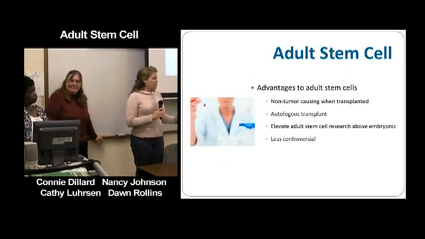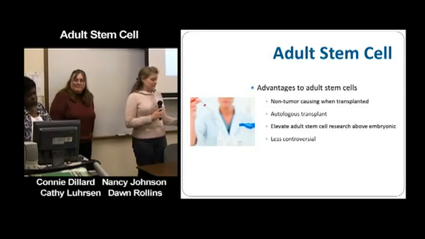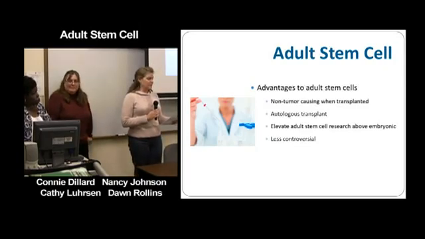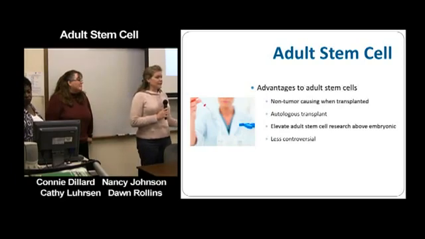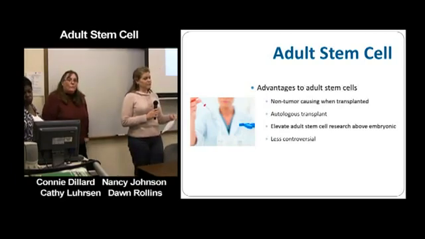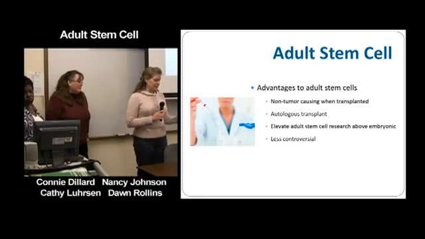While the umbilical cord and the embryonic stem cells are able to be transplanted into other people, the big advantage with adult stem cells is that the cells are harvested and then transplanted back into the same person. And this is called autologous transplant.